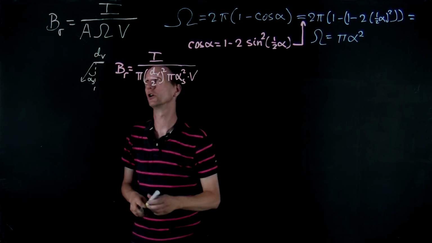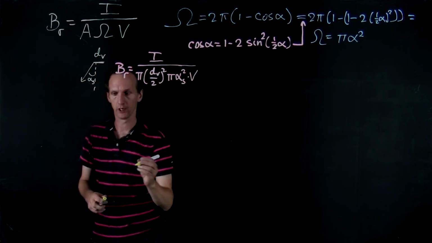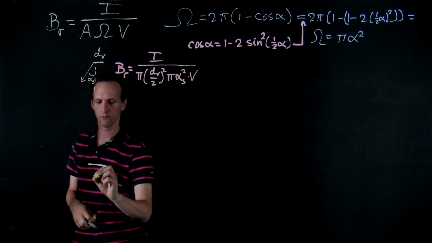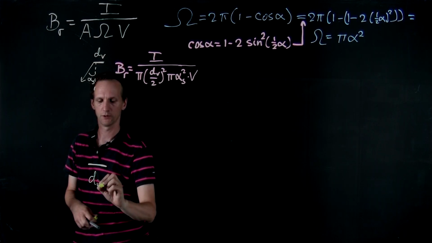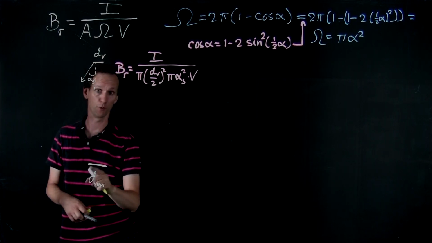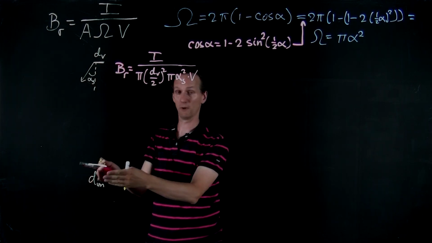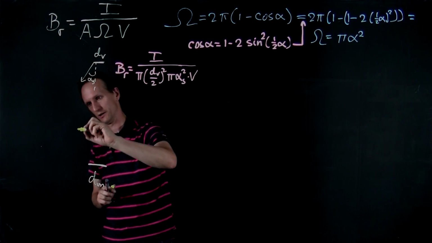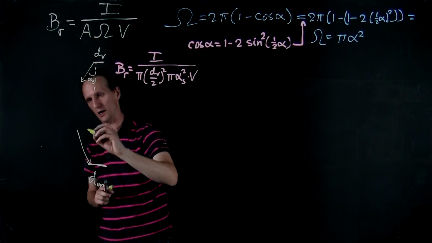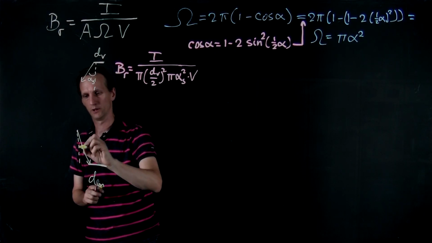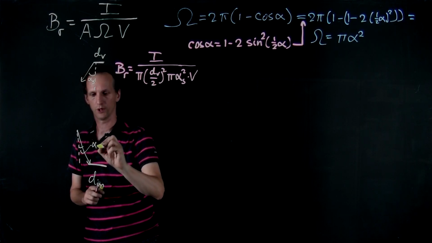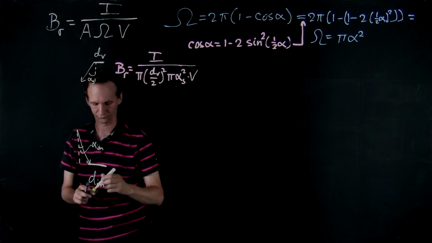Now we can also look at the situation in the image plane. Here we have the image plane, we get a certain image probe size, so the geometric contribution to the probe size, and the beam comes in here with a half opening angle that is given as the object angle, so alpha image.